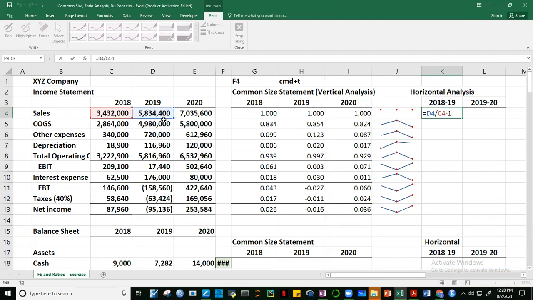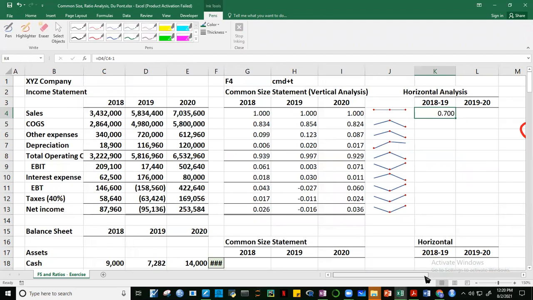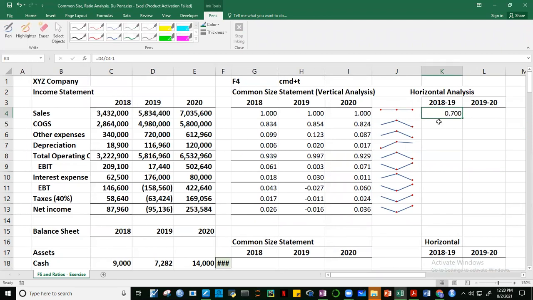This one divided by the previous minus 1. Okay, so you get 0.70. And then, guys, wala na tayong kailangan i-fix dito kasi dapat gumalaw siya lahat ng accounts. Pag ginalaw natin dito, this is now 2020 divided by 2019 minus 1.